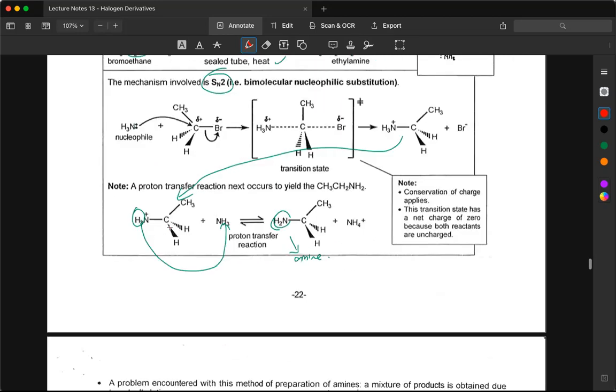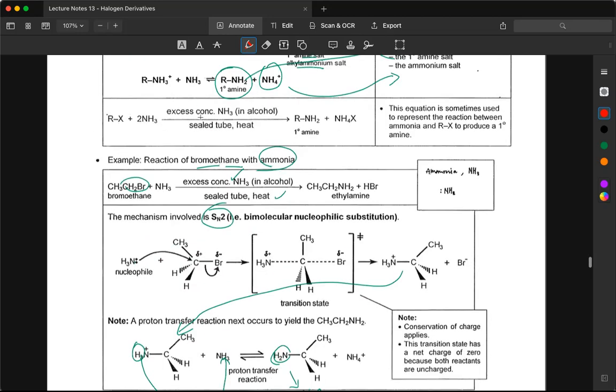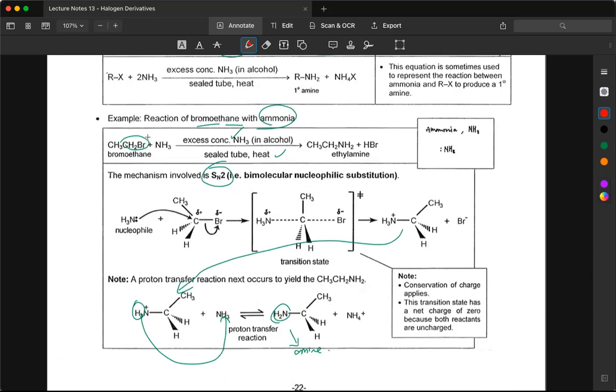One example we're going to emphasize is the reaction of bromoethane with ammonia. When bromoethane reacts with excess concentrated ammonia in alcohol, in a sealed tube with heat, we can form ethylamine. The mechanism is definitely SN2, with the backside attacked by the nucleophile NH3, through a transition state to the product, and there's an inversion of configuration about the carbon.